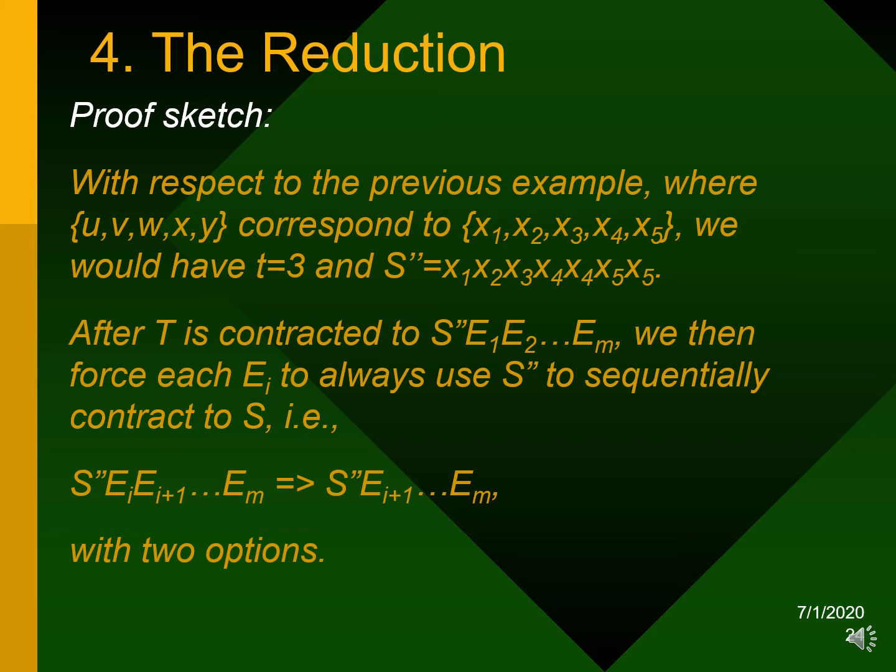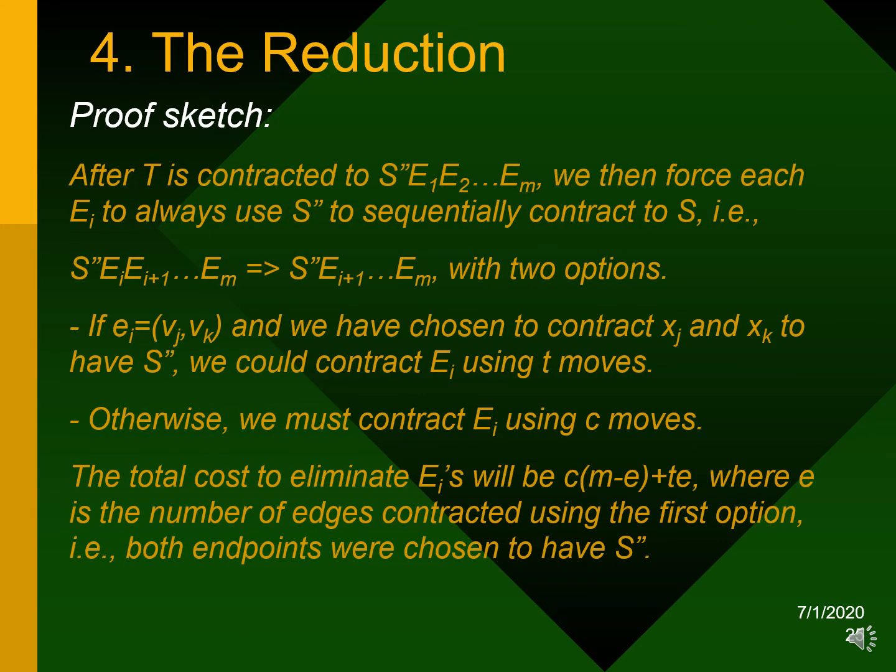But in this case, we want to have two options when we eliminate this capital EI. So if little ei is VJVK, and we have chosen to contract xj and xk to S double prime, in this case, we could contract EI this way using T moves, T contractions.